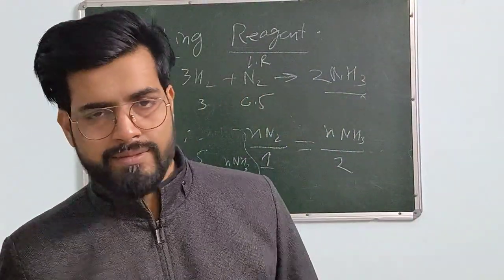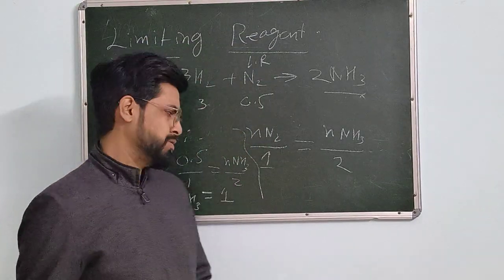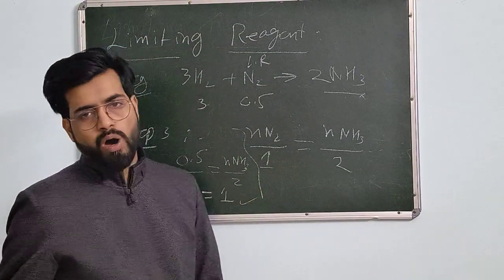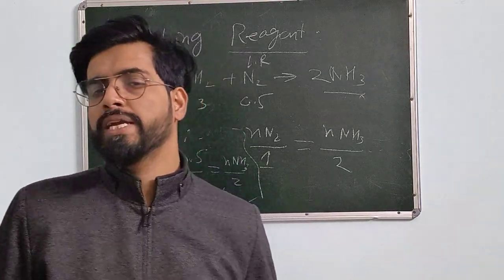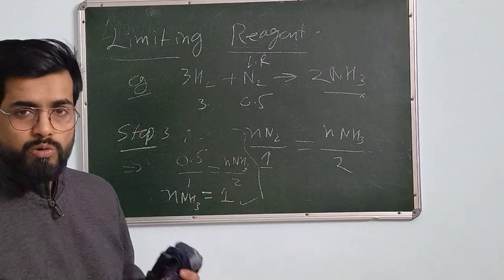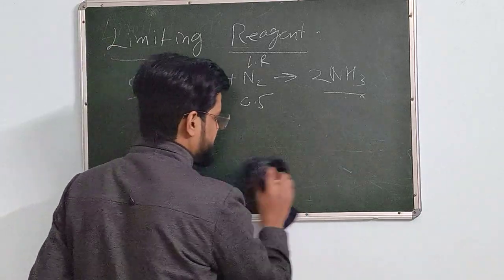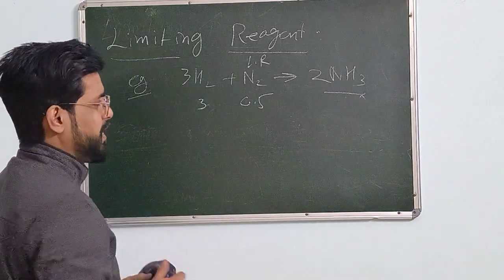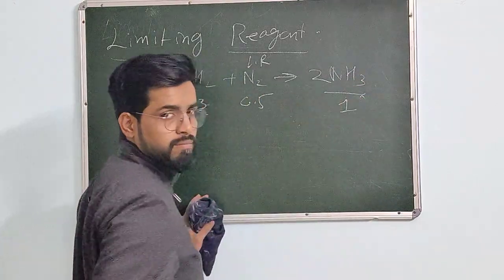If the examiner is asking how many moles, this is your final answer. Or if the examiner is asking you to calculate the weight, volume, or amount, then move to the fourth step. Now finally we have the moles of the product as 1.